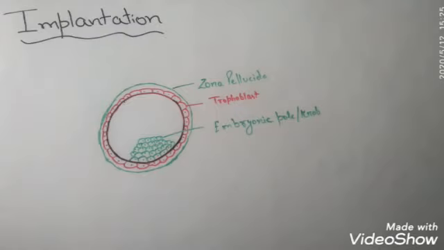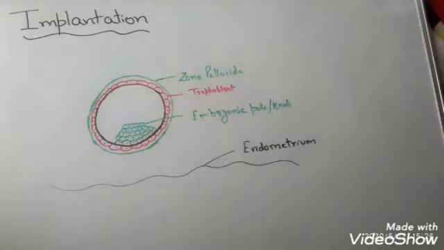As we know, zona pellucida acts as a non-sticky layer. It is basically made up of glycoprotein that prevents the attachment of the blastocyst to the wrong side.